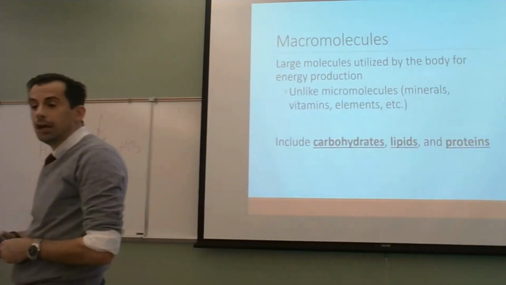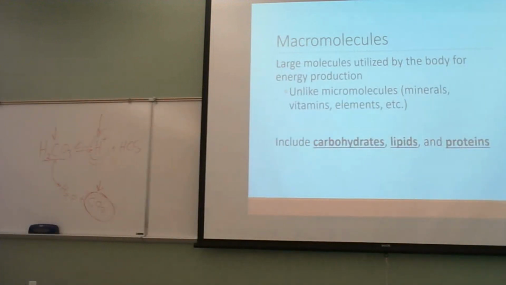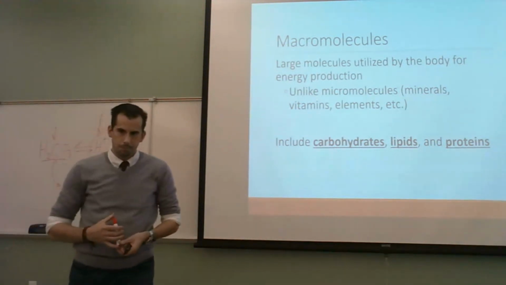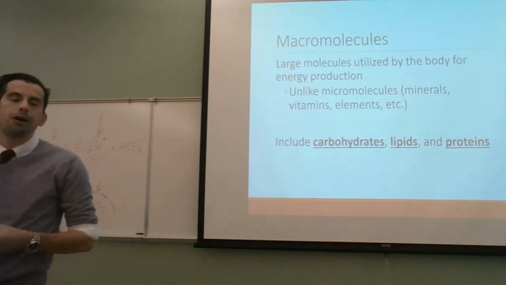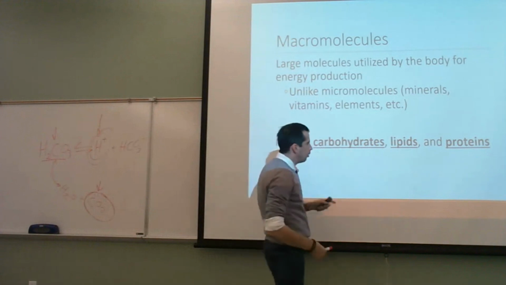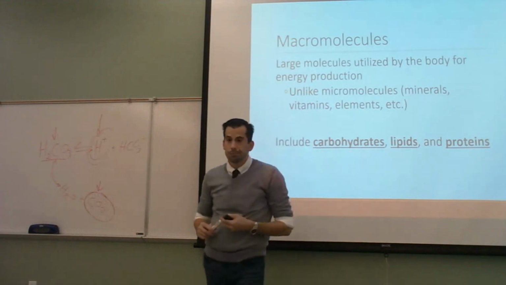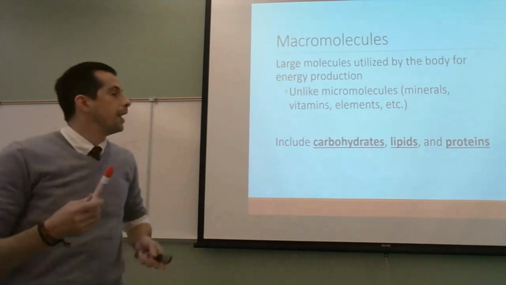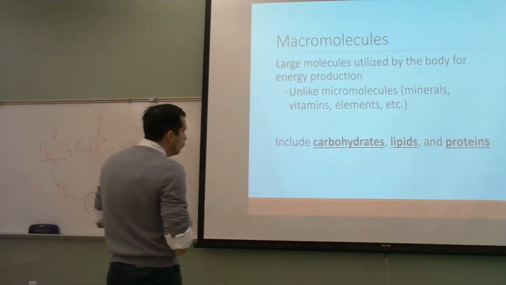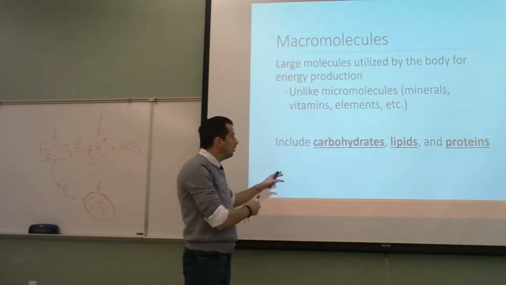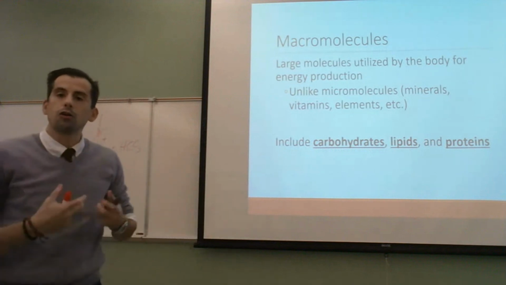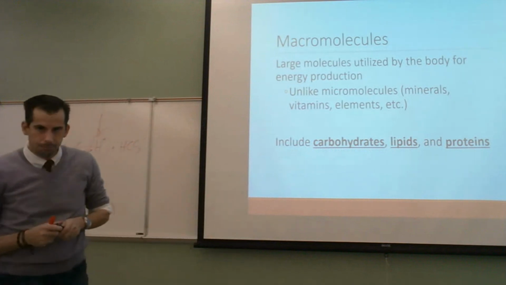Now, where we go to next is a continuation of our chemical discussion, but it really moves us more into the biochemistry. We're going to look at the three types of macromolecules: carbs, lipids, and proteins. We'll look at the structure of each, but more importantly, we're going to look at how our body breaks those down so that we can convert the energy in those molecules into energy in the form of a high energy molecule known as ATP.